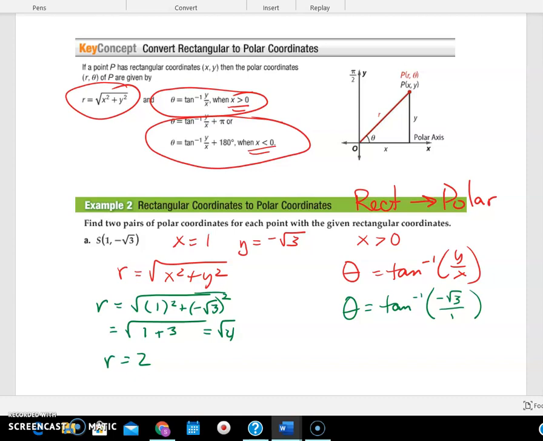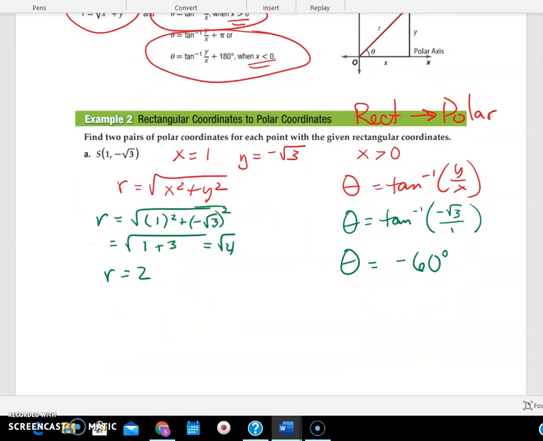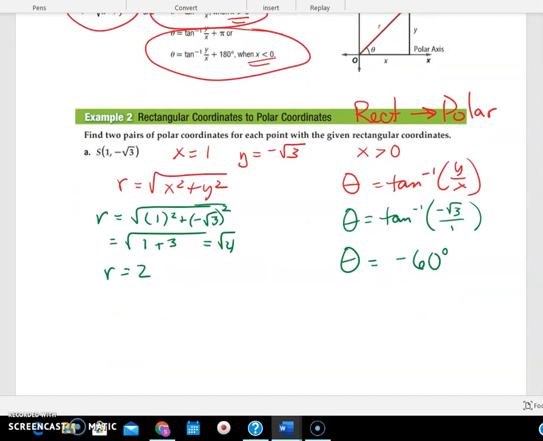So put your calculator in degree mode, and I'm going to do inverse tan of negative square root of 3. And I get negative 60 degrees. So theta is negative 60 degrees. I can leave it like that, or you can put it in positive form, either way you want. So my polar coordinate is (2, negative 60 degrees).